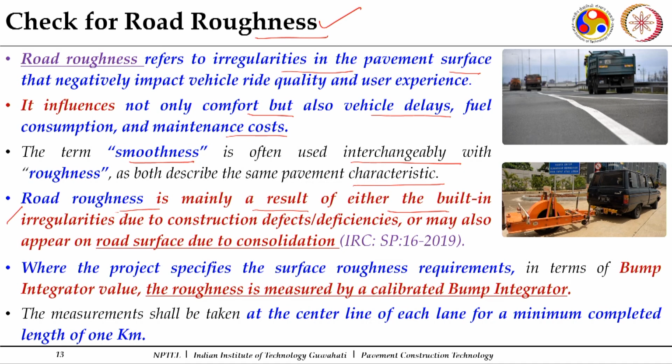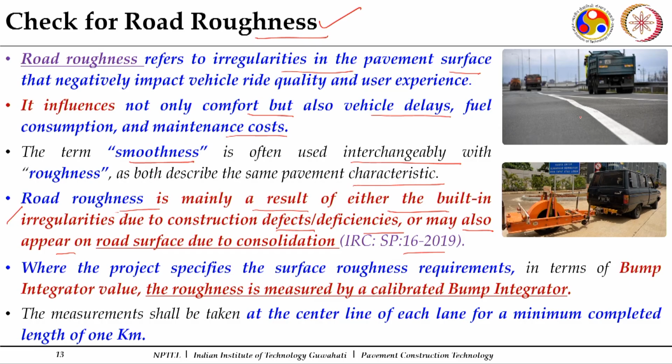Or it is due to construction defects or deficiencies, or it may also appear on the road surface due to consolidation. If the loads are very high, some of the layers which were not properly compacted during construction may get compacted, some may get over compacted, if traffic is more than that projected, or the axle loads are quite higher than the ones considered in the design. So, in those cases you may have this kind of bumpy ride.